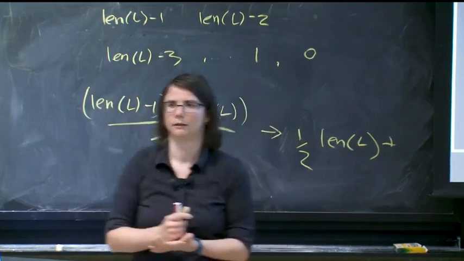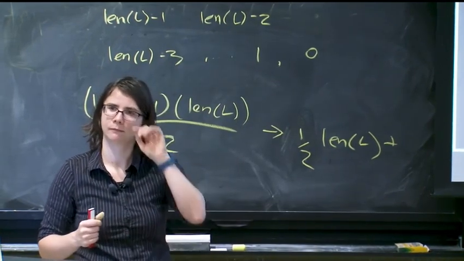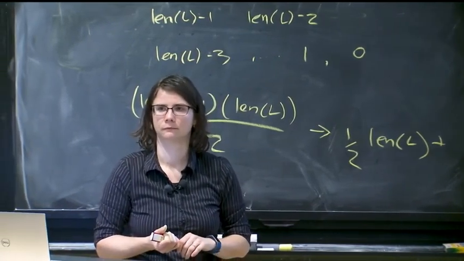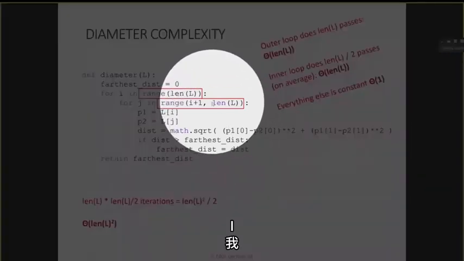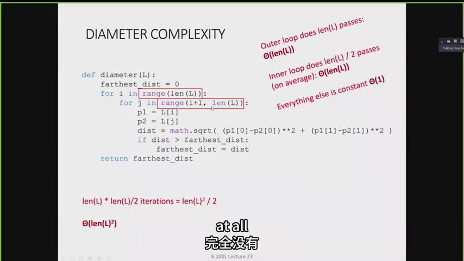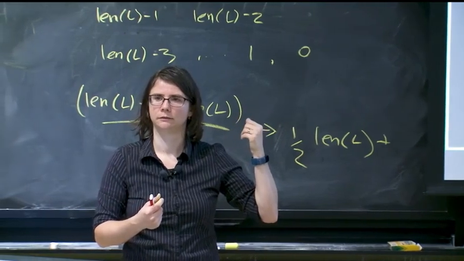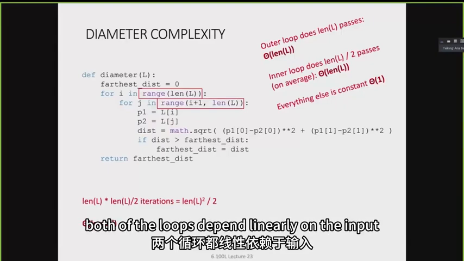Is there any scenario with a nested for loop with 2 for loops that wouldn't give an n squared loop? I mean, the inner loop could just not depend on the input at all. Here it's n squared because both of the loops depend linearly on the input.